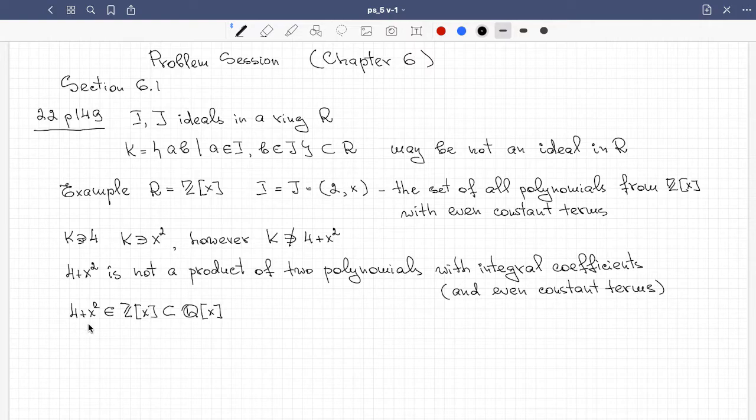So if the polynomial factors into two polynomials of positive degrees, these positive degrees should be 1, and the polynomial should be reducible. So first of all, 4 plus x squared as a polynomial in Q of x is irreducible.